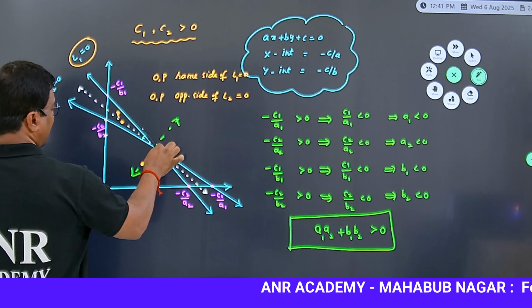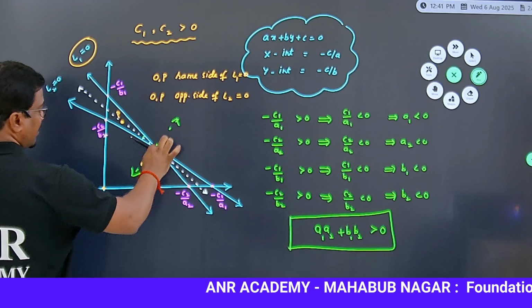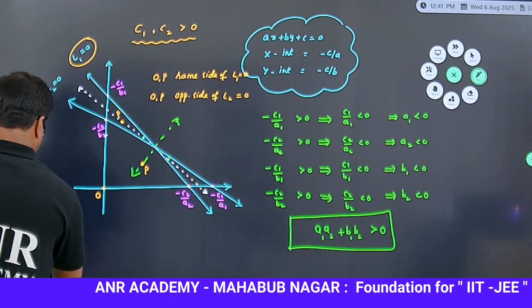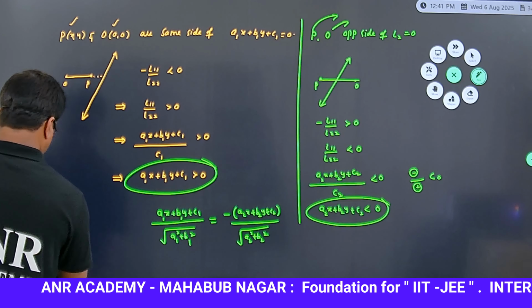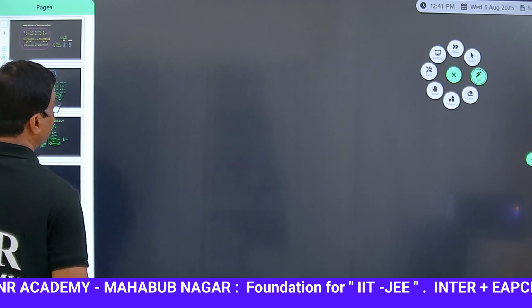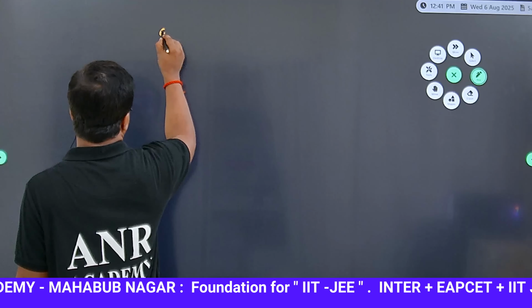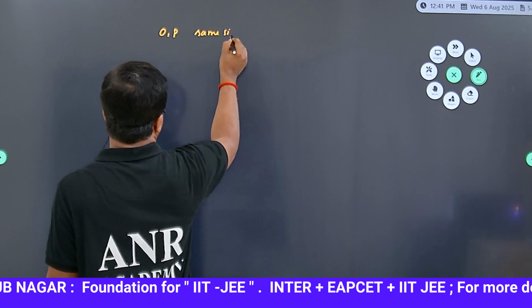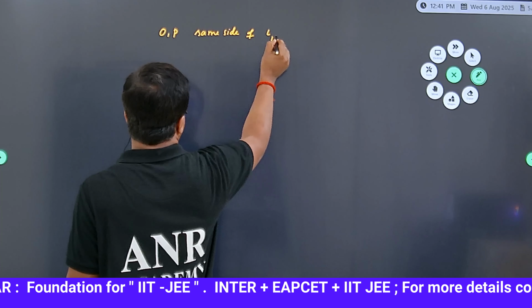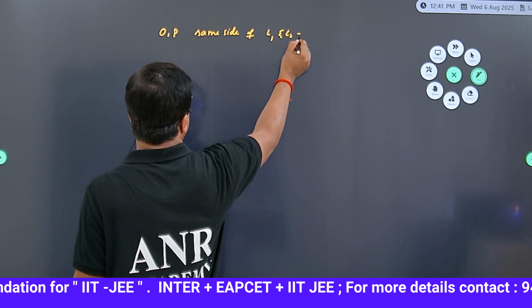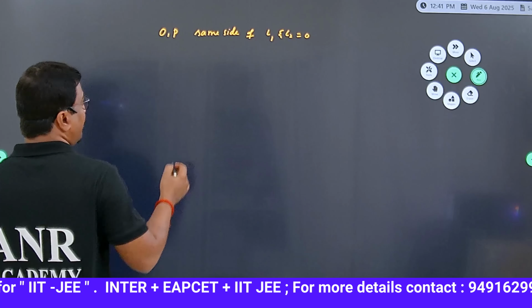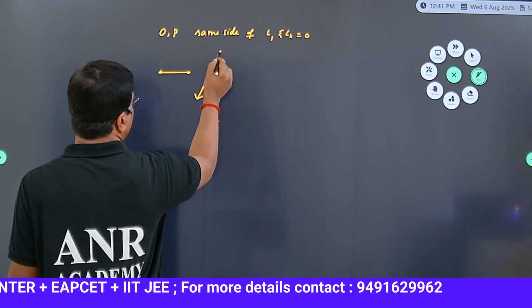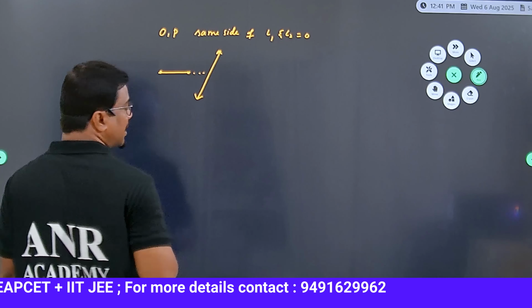First L1, the two points are on the same side. Next, if you select L2, the two points are on the same side. Same side implies the line divides the line segment externally.